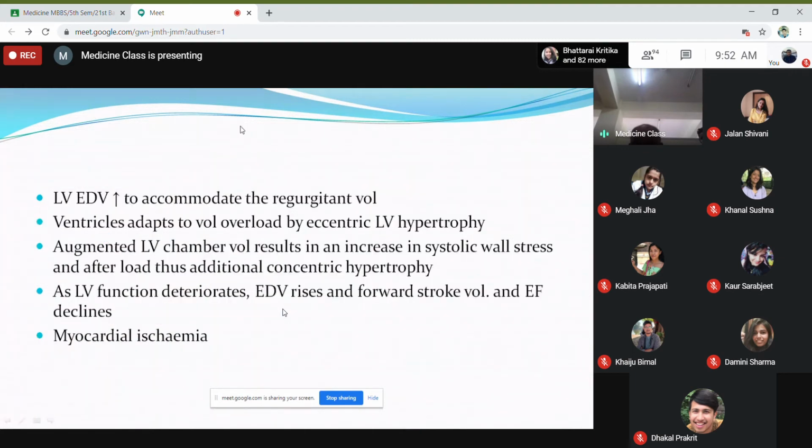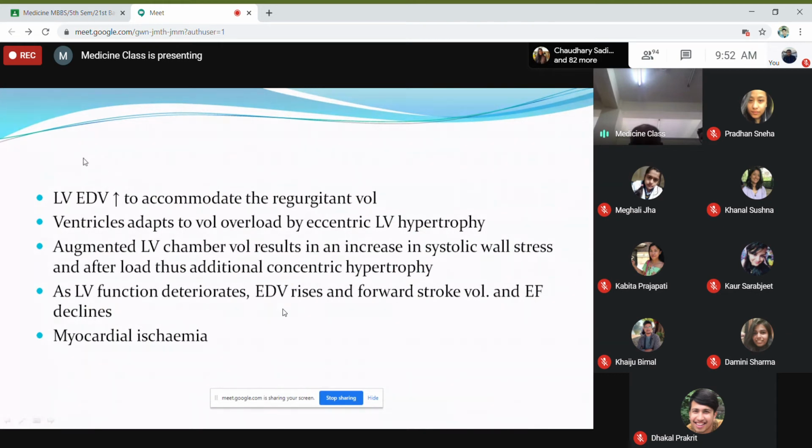If you look at the pathophysiology, when there is regurgitation of blood from the aorta into the left ventricle, there will be an increase in diastolic volume.